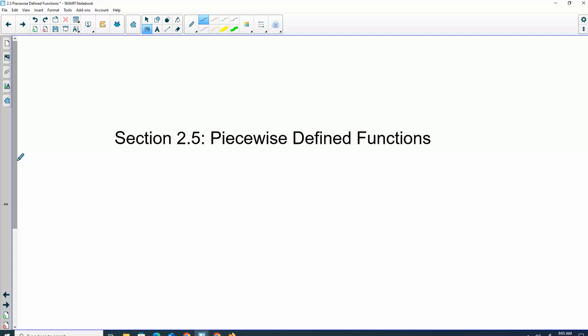When I talk about a piecewise function, there are lots of different ways it can look. In general, piecewise means that you have different rules for different parts of the domain.